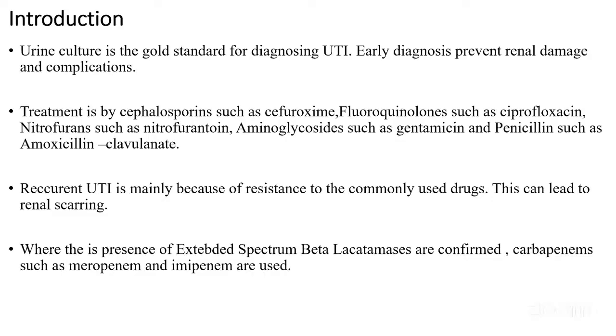If these drugs do not work, mostly you'll find they are recurrent UTIs or reinfections, which are mainly because of resistance to the commonly used drugs, and can lead to renal scarring because of the wounds left after the infections. Where there is a presence of extended spectrum beta-lactamases, it is important to confirm the presence of ESBL, and carbapenems such as meropenem and imipenem are used in this case.